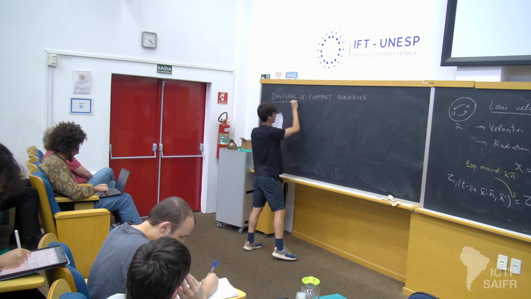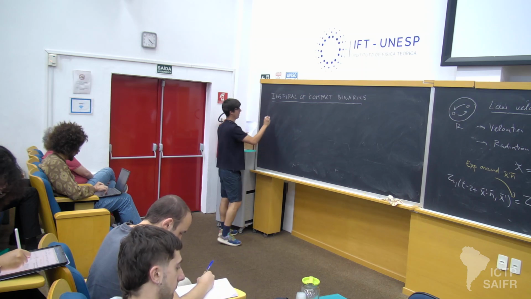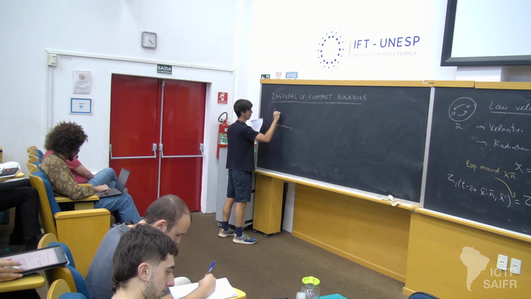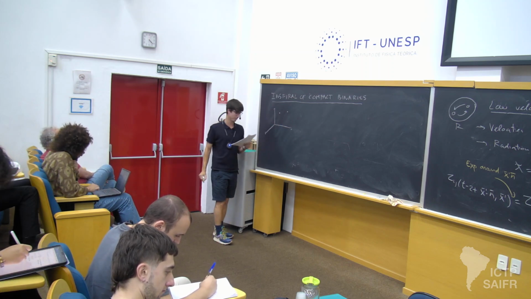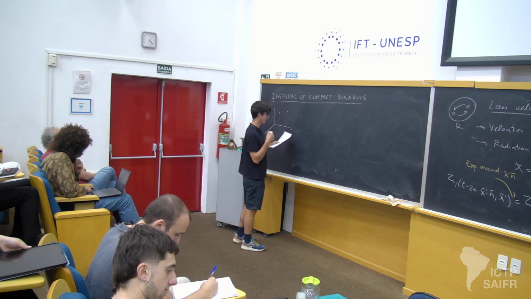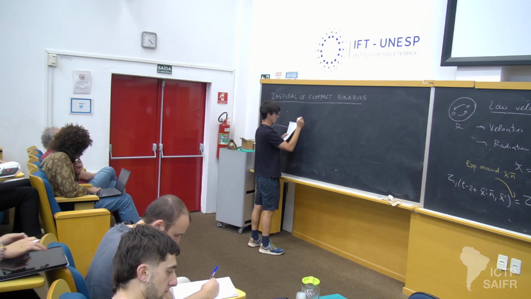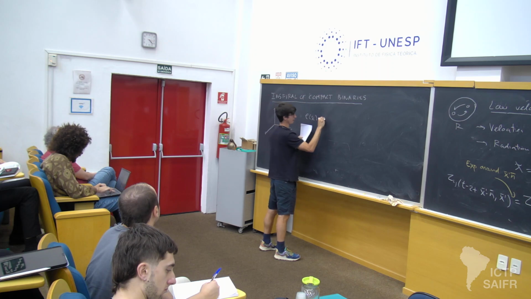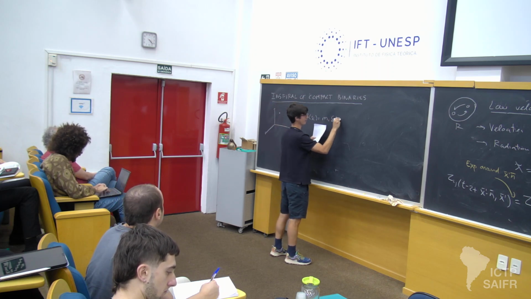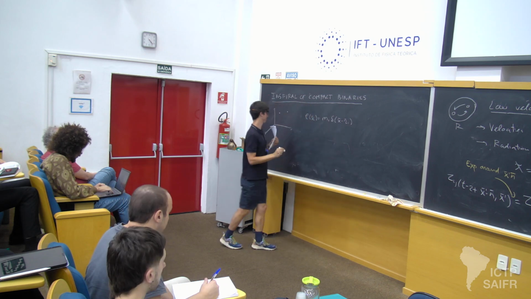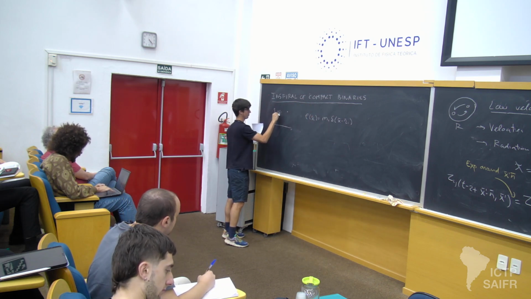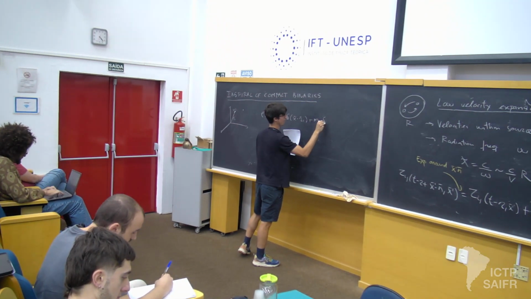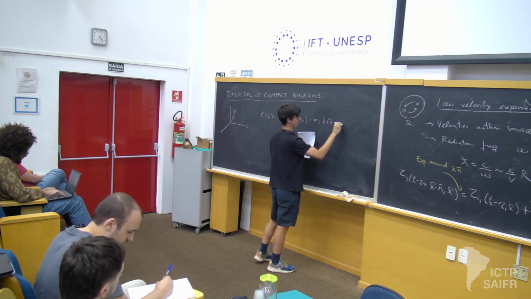So we want to define a system in which you have two compact objects that we are going to model as point masses, and we want to see what gravitational wave you generate. So we have a system of two point masses: M1, located at position R1, and M2, located at position R2.